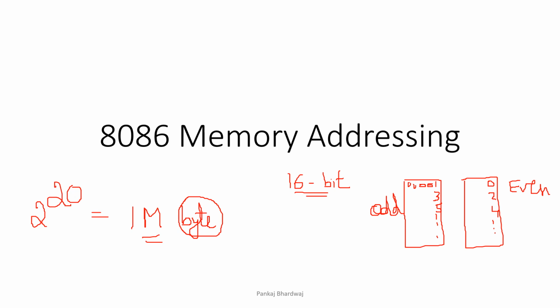If we access these 2 memory chips simultaneously, then in one clock cycle we can have 16 bits of data. That means to access 16 bits we need not have 2 cycles. We can access the 16 bits at one time if we divide the memory bank into 2 different even and odd address segments.